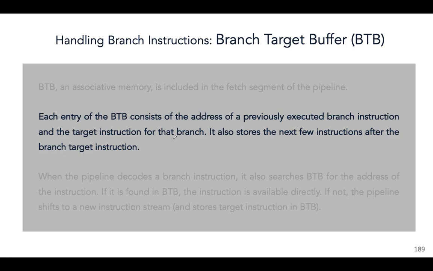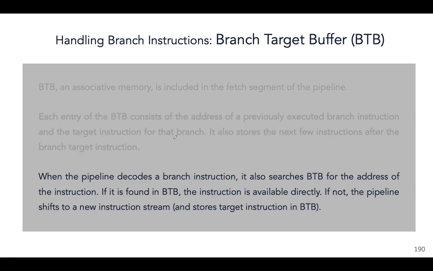It also stores the next few instructions after the branch target instruction. Now, when the pipeline decodes a branch instruction, it searches the BTB for the address of the instruction. If that address is found in the BTB, the instruction is directly fetched from this associative memory. If not, the pipeline shifts to a new instruction stream and then stores the target instruction in the BTB.